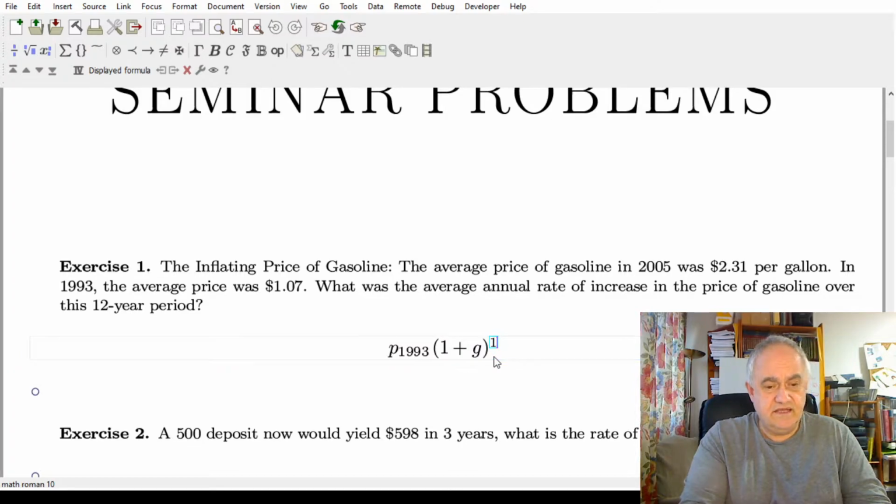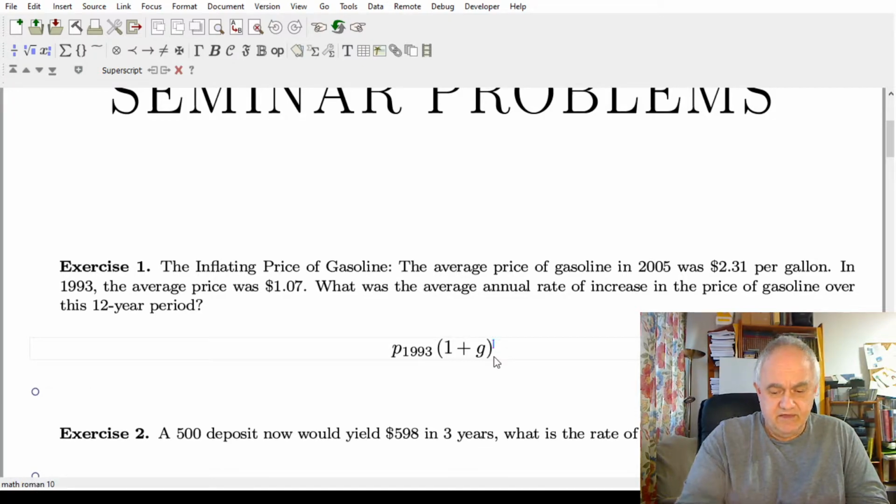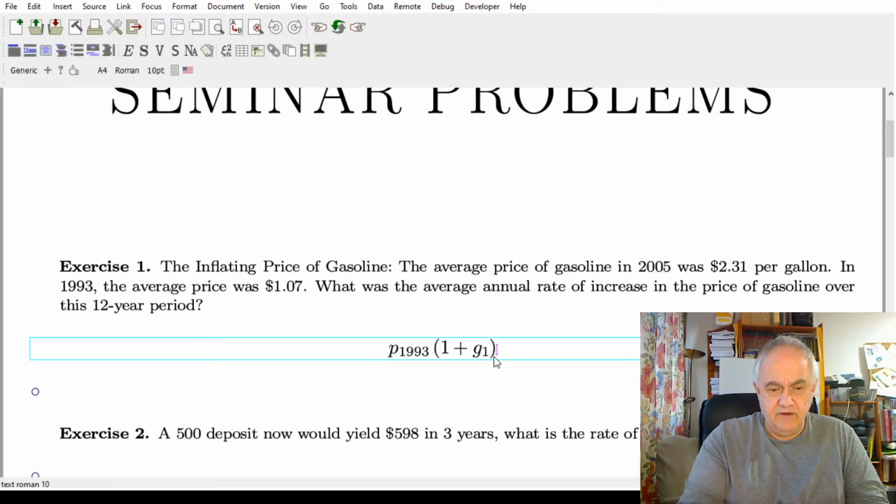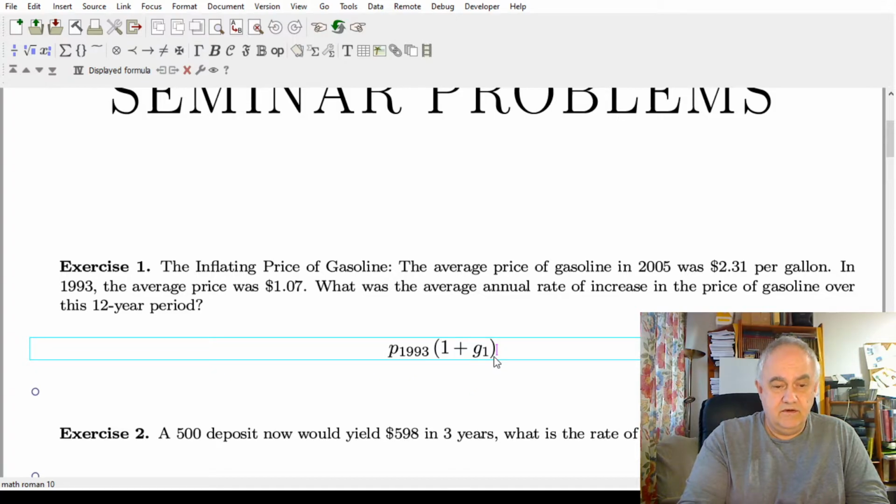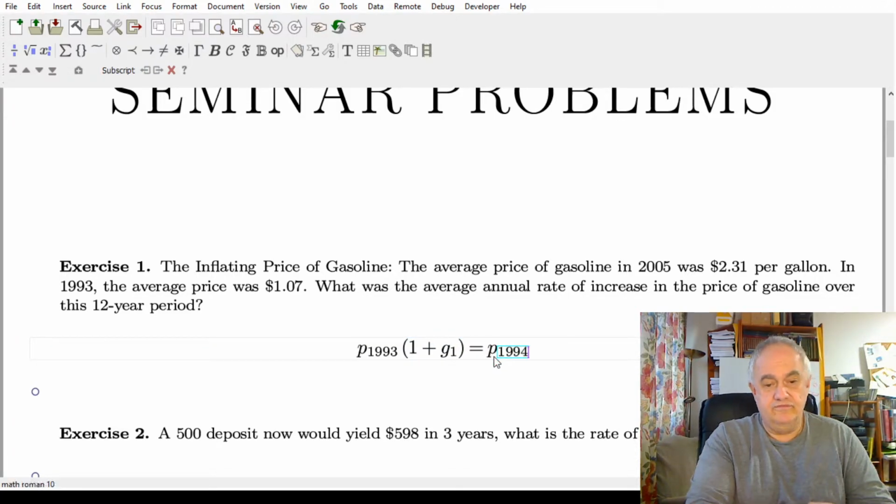If this is the case, the process will repeat during 12 years. Actually, we could be saying this: the first year, the final value will be P1994.